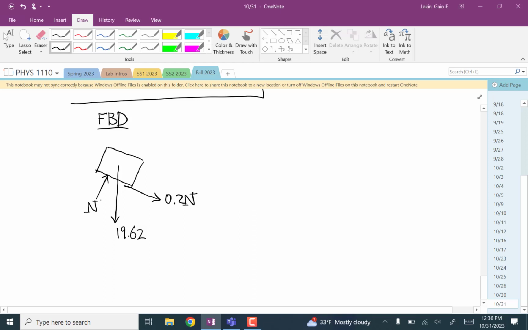That N is in the positive Y direction, and the friction force is in the positive X direction, but we have to figure out the components of the weight force. That's always kind of the most complicated step of these kinds of problems. So to do that, let me draw the coordinate system.